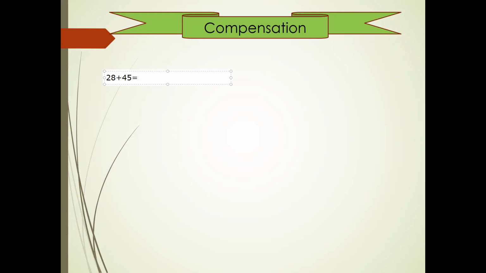So compensation, we are making a number with 0, because numbers with 0 are easier to add. Okay, now when I see numbers 28 and 45, I ask a question. What number is closer to 10? 28 is closer to 10 because 8 is very close to 10.